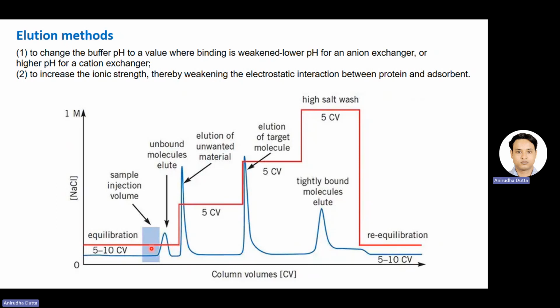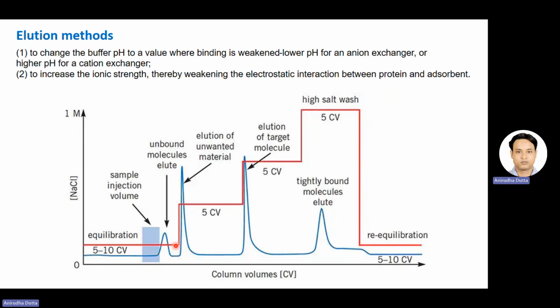So there would be a small peak. This is because of the protein that is not bound to the matrix. Suppose these proteins have completely opposite charge to what is required for binding to the ion exchange column. They would get removed at the beginning. Then we start our washing or elution by slowly increasing the concentration of the salt.